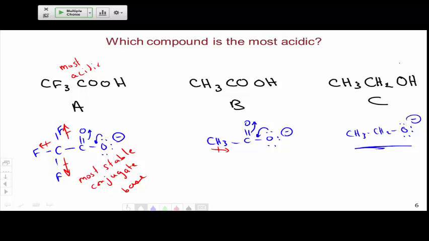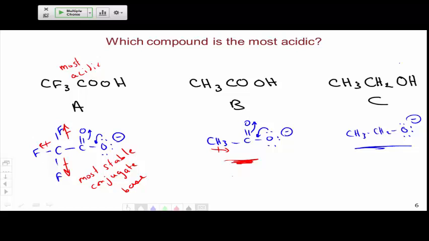So this is intensifying the charge. So comparing conjugate base B to conjugate base A, A has a withdrawing group that is stabilizing the conjugate base, while B has a donating group which is intensifying the charge, making it less stable. And I'm always referring relative to the conjugate base of A.